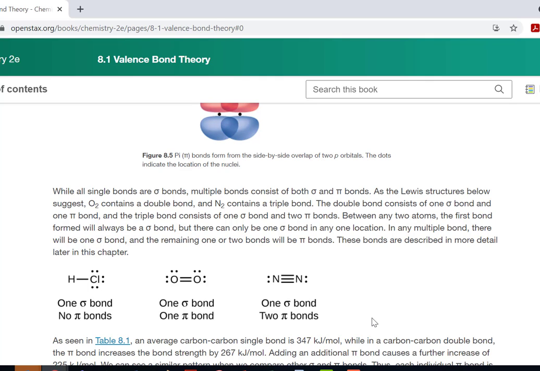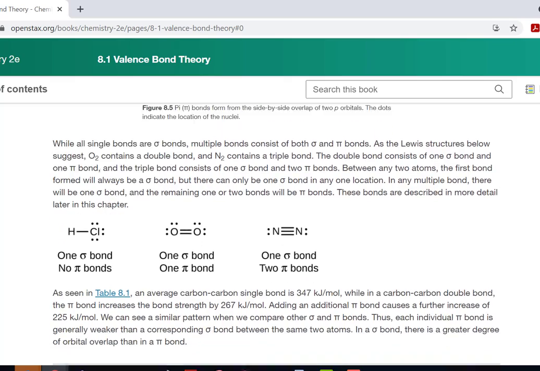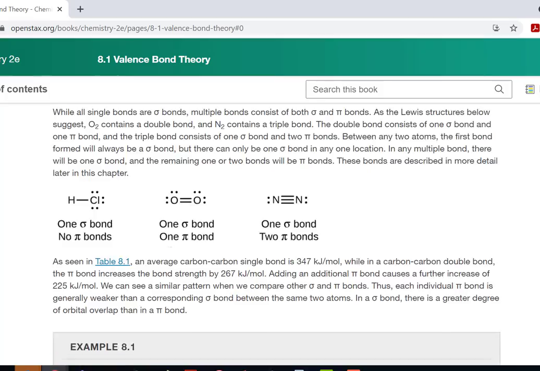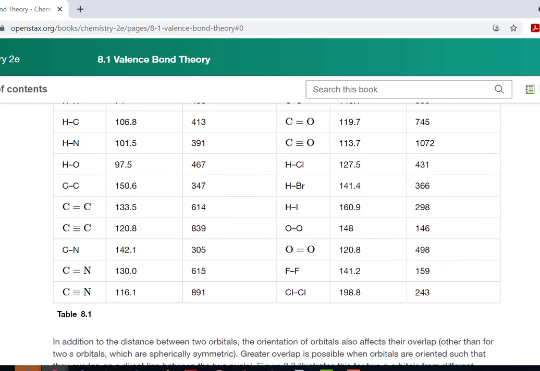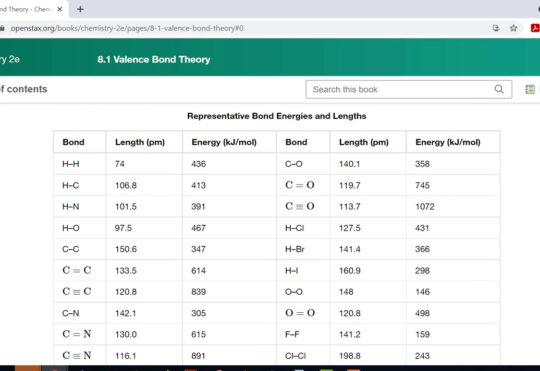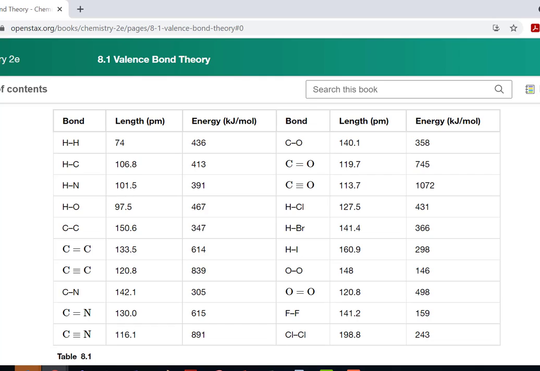So when we are counting bonds, we can also count what kind of bonding we have. One thing I do want to mention about this table, and we're not going to get into the details here, is that the energy going from single to double bonds isn't quite doubled. That's because the energy of the pi bond is less than the energy of the sigma bond.